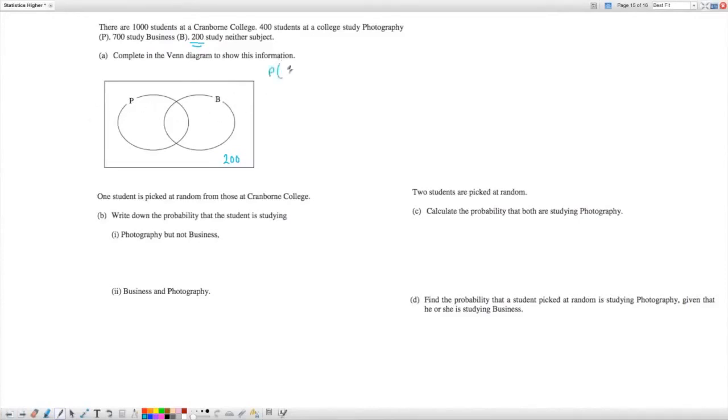So the probability that a student studies photography or business will be equal to, or the number will be equal to, 800 out of the 1,000. So using the addition rule, we can then find the probability that someone studies photography and business.